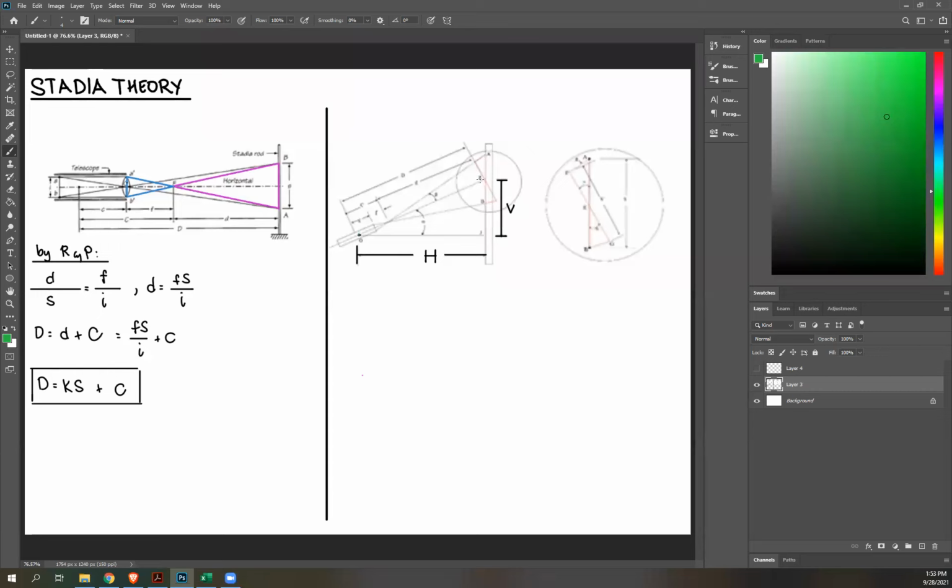From this point to this point, this is where your middle crosshair hits. This is the upper crosshair reading, lower crosshair reading. And remember the difference between the two, that's your S. So that's this one, and again, that's S.